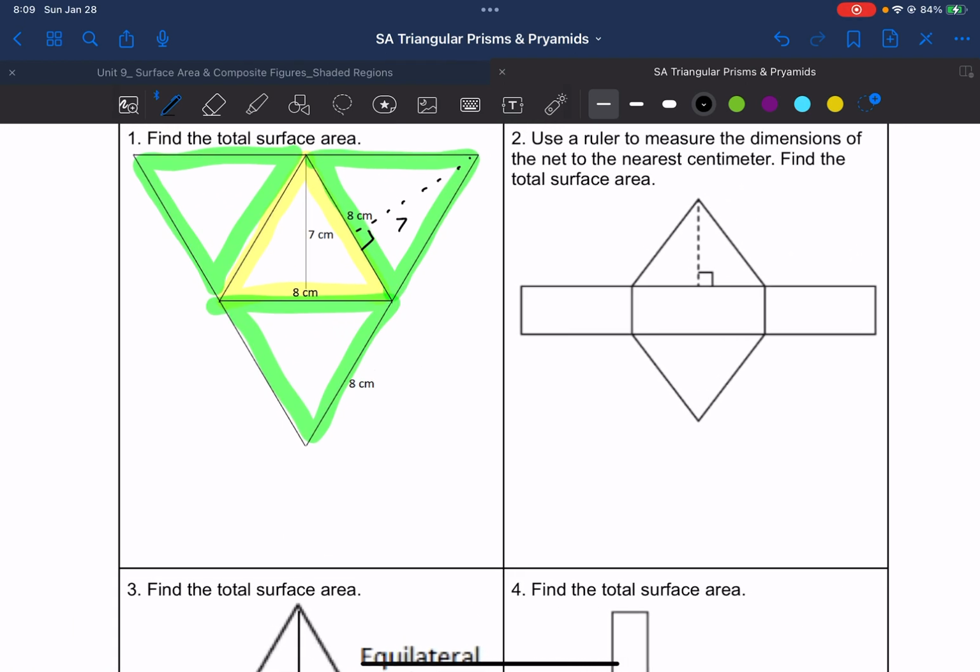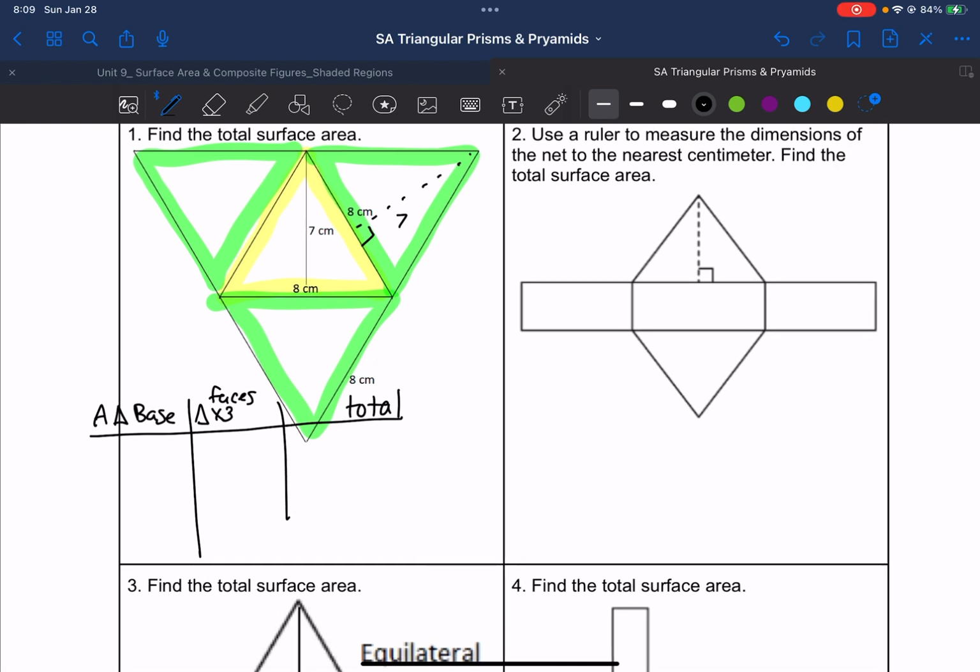So here, if we do our T-chart, we have the area of one triangle. This is the base. And then we're finding the area of the other three. These are the faces. And we have total.